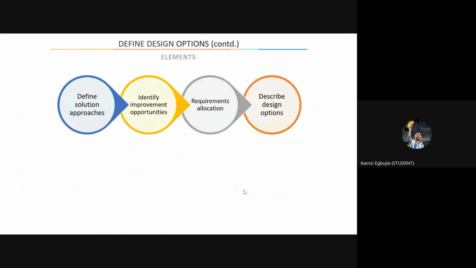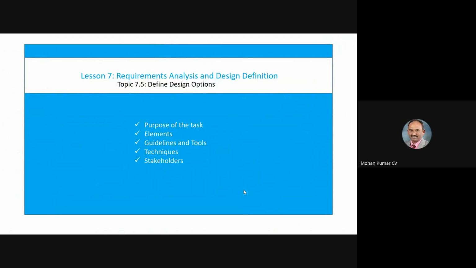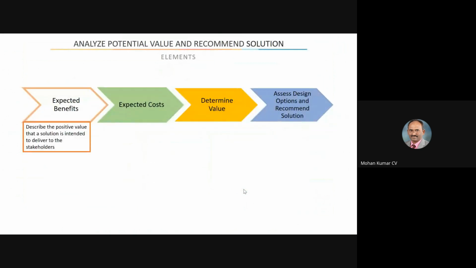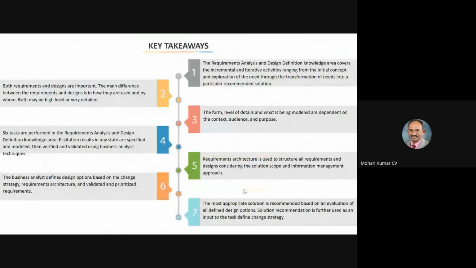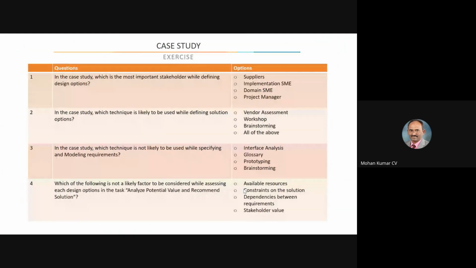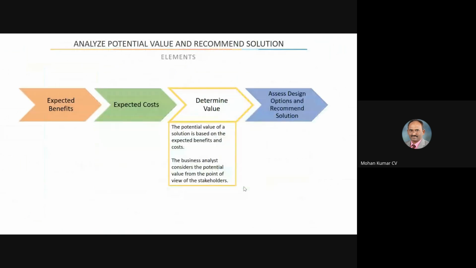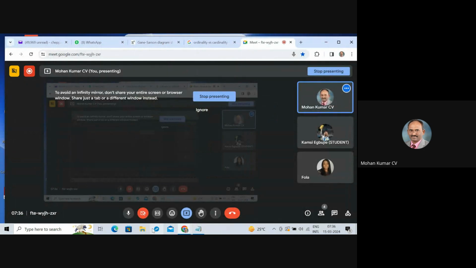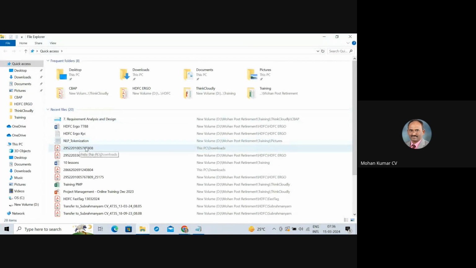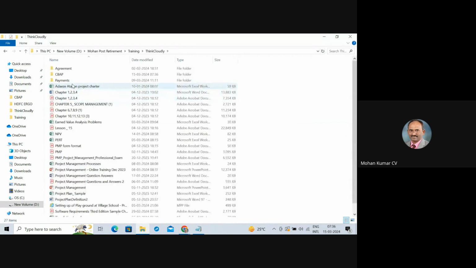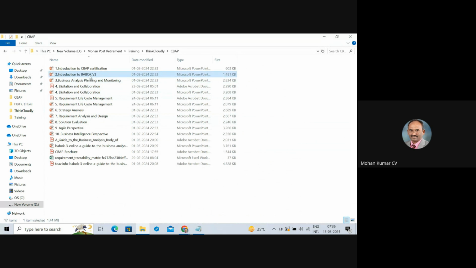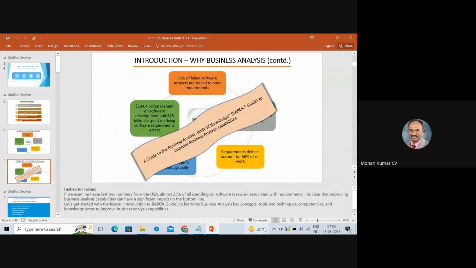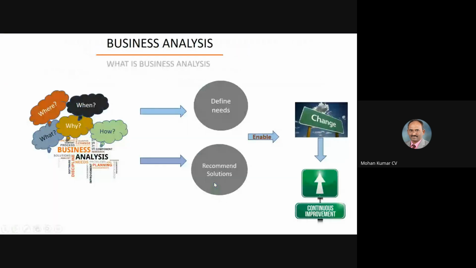I'm okay. Right. So we'll be talking about defining design options, I think, and vendor assessment tomorrow before we conclude this. With that, we'll be concluding this knowledge area, and then we'll take up the last knowledge area that we have, which is solution evaluation.